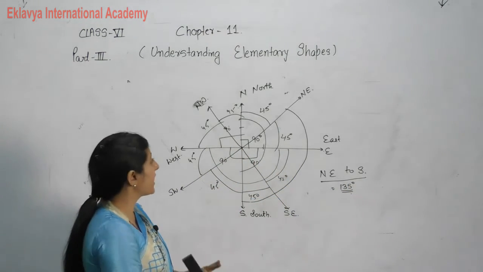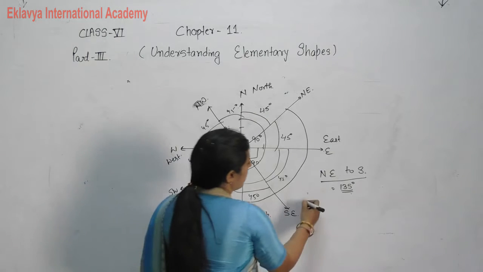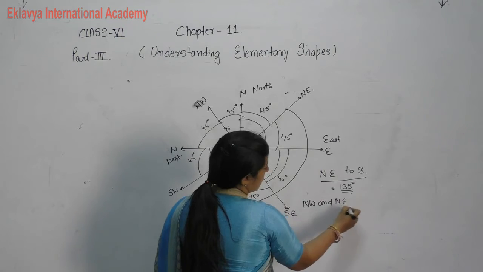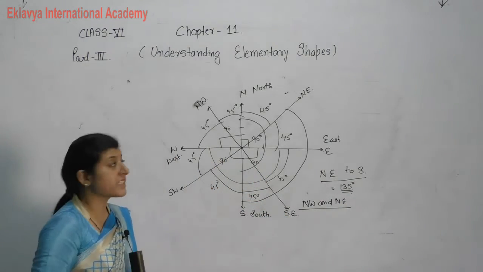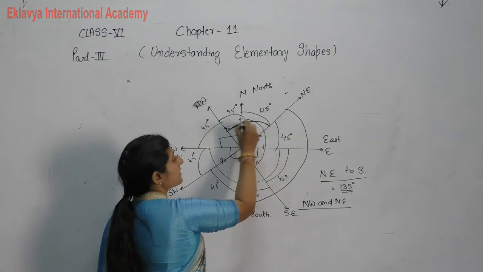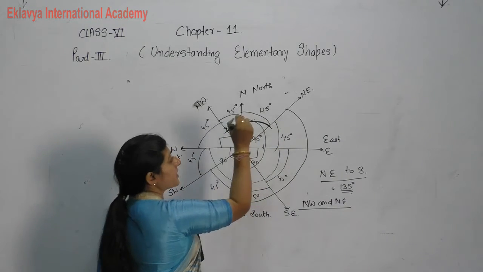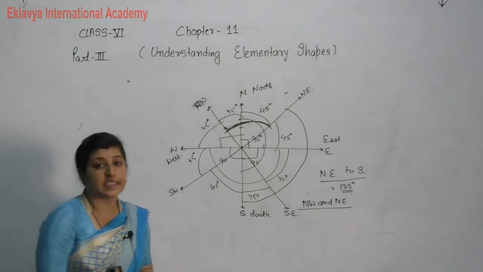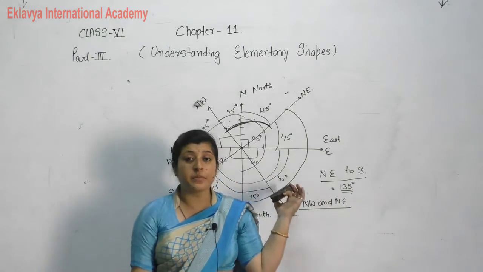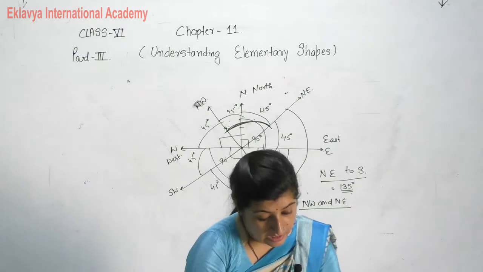If we want to find the rotation between northwest and northeast, 45 plus 45, this is 90 degrees. So this time we find the measure of an angle between the directions.